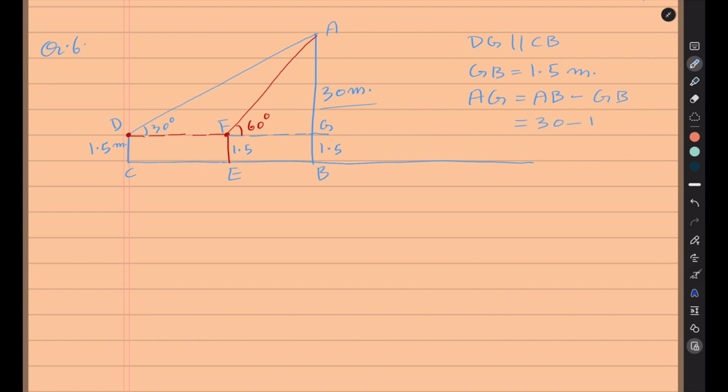So 30 minus 1.5 will be equal to how much? 28.5 meter. So this height is not 30 but 28.5 meter.